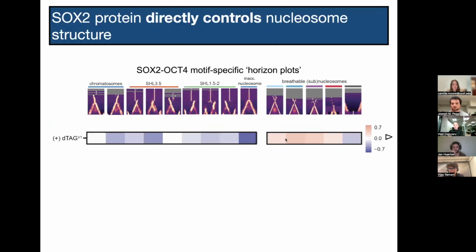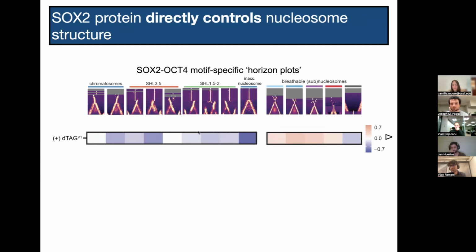And so what Marty could see, we were quite excited by this, is that if we get rid of SOX2 at the bona fide SOX2 OCT4 sites, we see an upregulation of these breathable subnucleosomes, and then perplexingly, we see loss of these inaccessible nucleosome types, consistent with SOX2 playing two roles, right? It's creating these very short footprints, but it's also somehow stabilizing wound nucleosomes in the vicinity of its binding site.